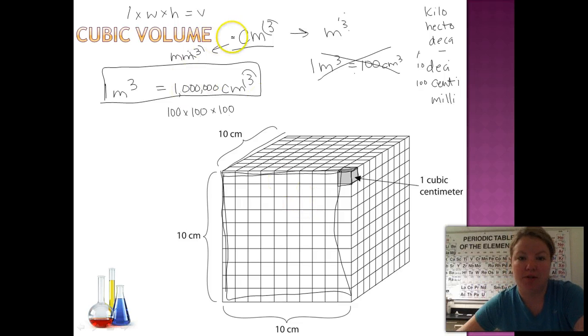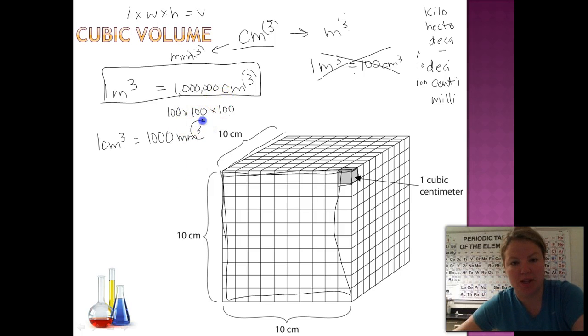Okay, and then if we're going to millimeters, it would be the same way. If we had 1 centimeter cubed, you definitely want to put the 1 beside the biggest unit. In this case, it would be centimeters. And since there's only 10 millimeters in 1 centimeter, we would want to do 10 times 10 times 10, which would be 1,000 millimeters cubed.